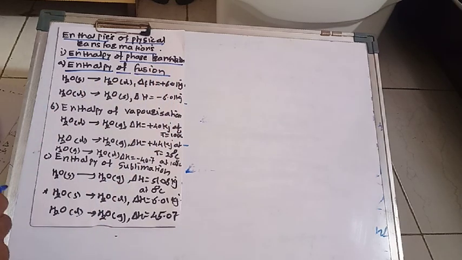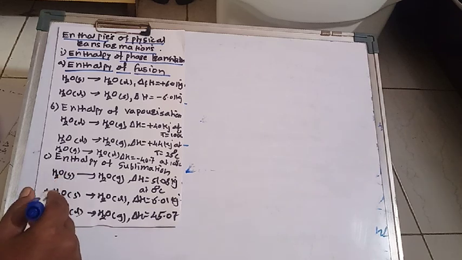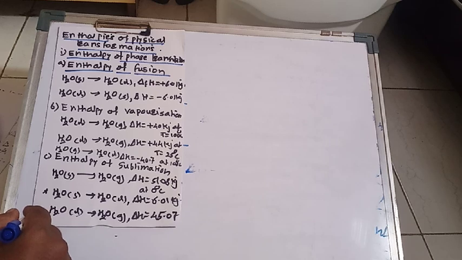The definition is: the enthalpy change that occurs when 1 mole of a solid is converted into 1 mole of liquid without change in temperature at constant pressure is the enthalpy of fusion.